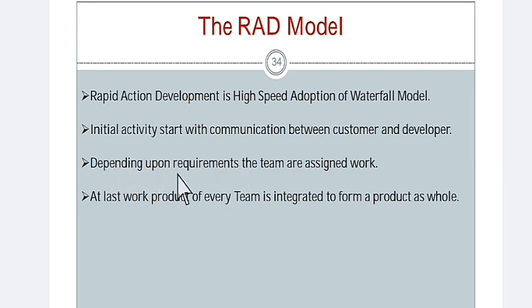Then, depending upon the requirements, the teams are assigned work. Whatever requirement is given by the client or user, the work is assigned to different teams. At last, the work product of every team is integrated to form the product as a whole.